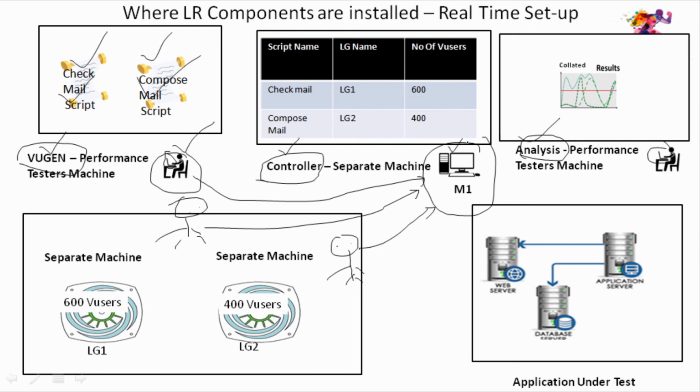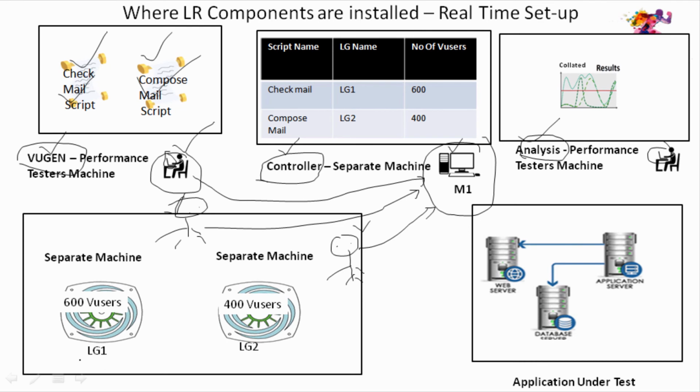Let's say you wanted to run a test, so you booked it in the morning from 9 to 12, and your friend also wants to run a test, so he will have to use it after 12 o'clock, maybe till 3, and this guy can use it from 3 to 6. So you divide the time so that you will be able to use this controller machine, in case there is more than one performance tester.